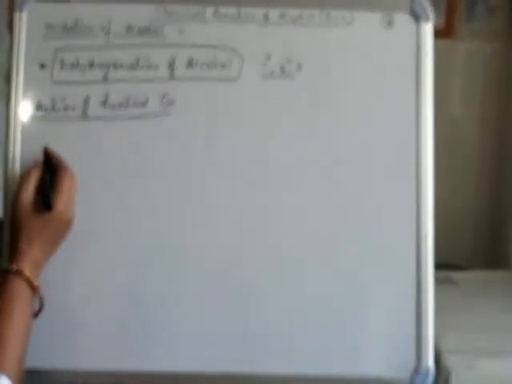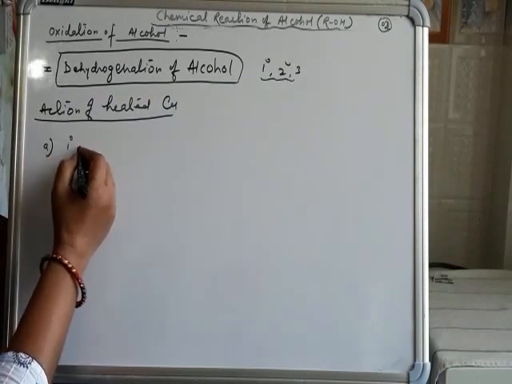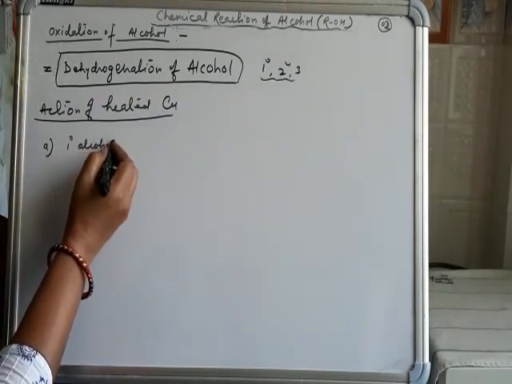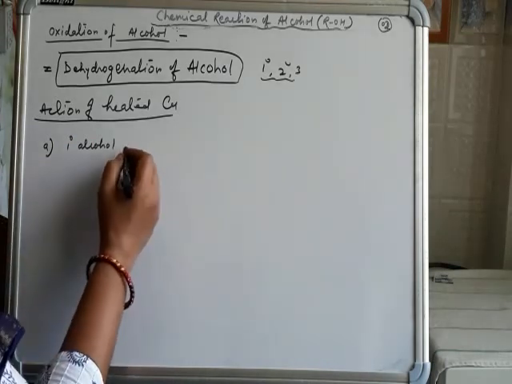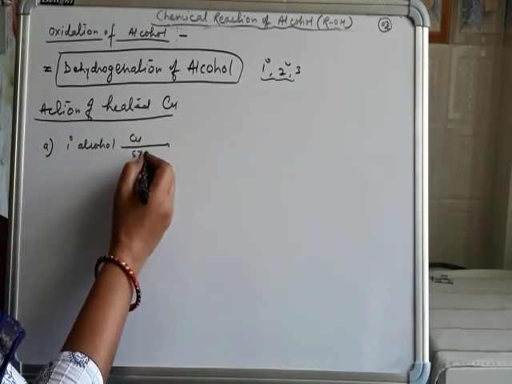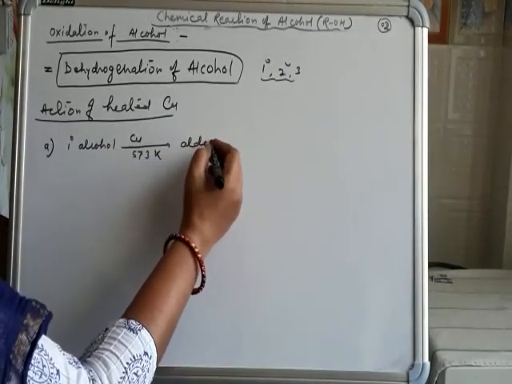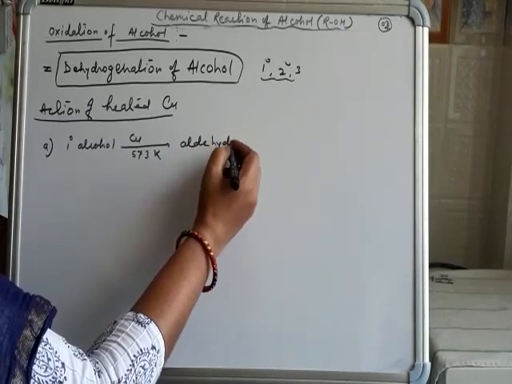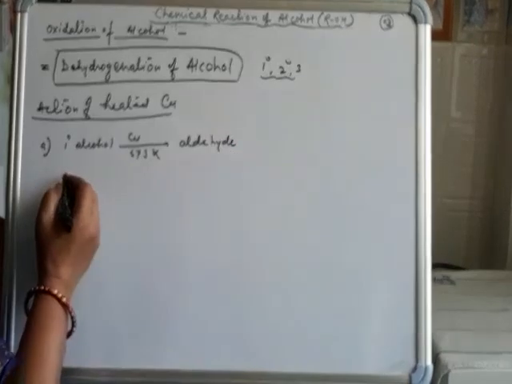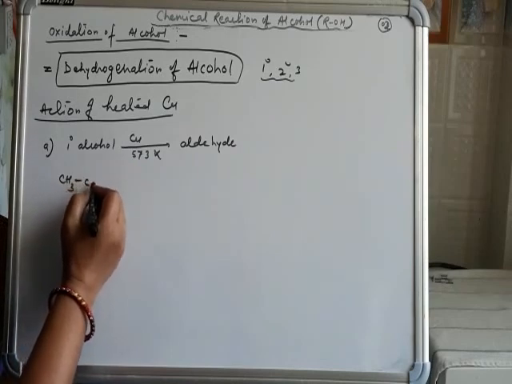When 1 degree alcohol vapors pass through heated copper at 573 Kelvin, formation of aldehyde takes place. We can write it in this form also.